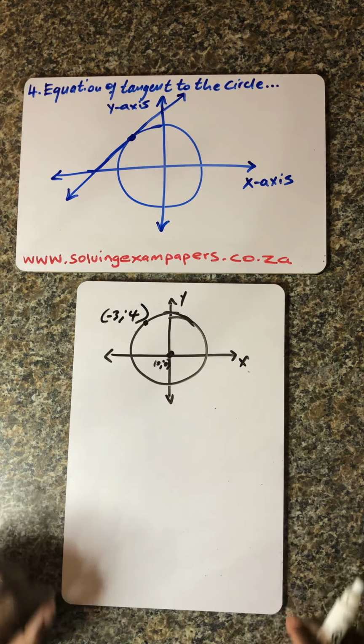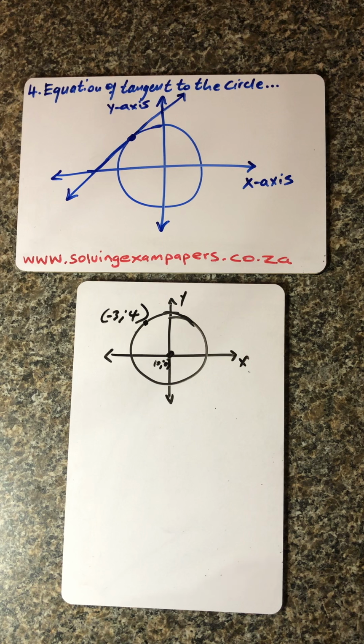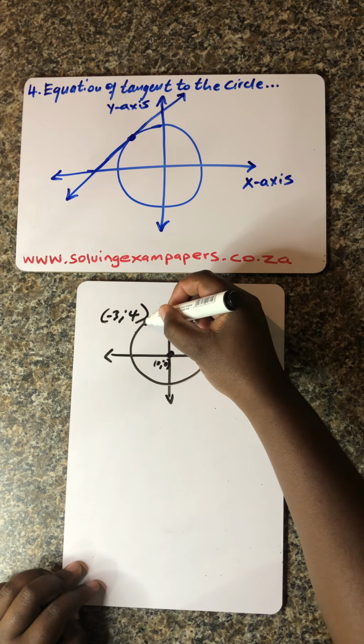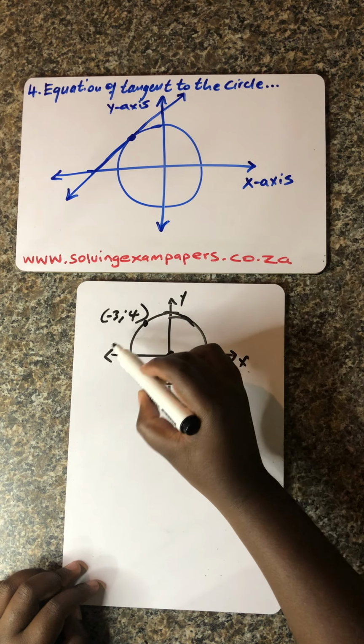Determine the equation of the tangent with the center 0, 0 at the point -3 and 4. Okay, so ladies and gentlemen, that means we've got a tangent at that point, so you can just draw a line.